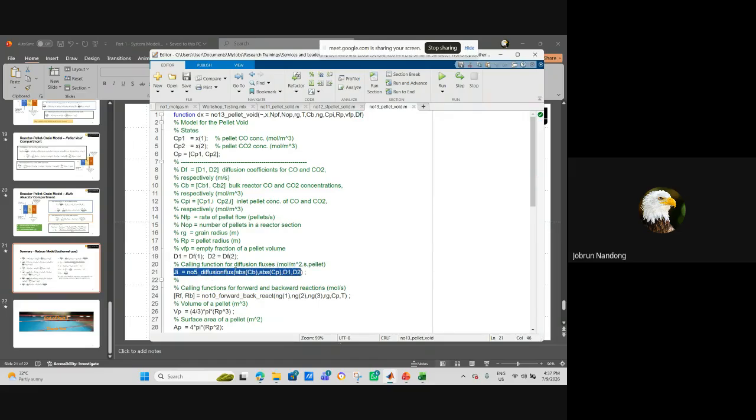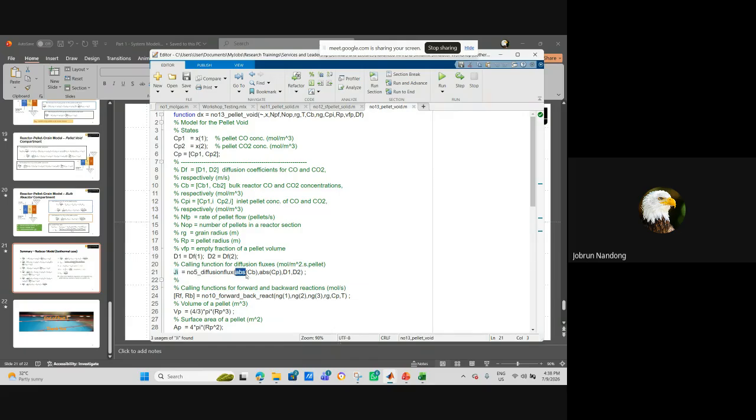Okay, this is a calling function for diffusion flux. Again, you can name this with a different name if you want to. But this one must be the same. The name of that function must be the same. But if you want to label the output using a different name, that's up to you.